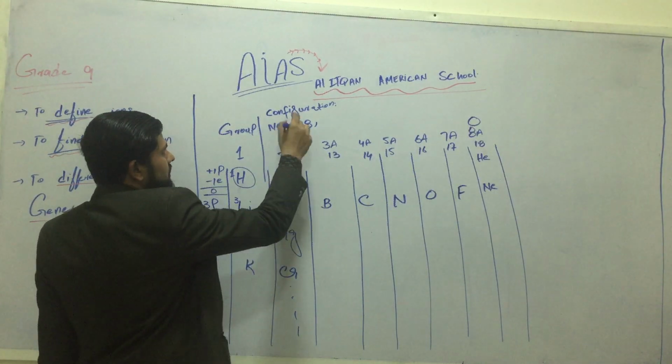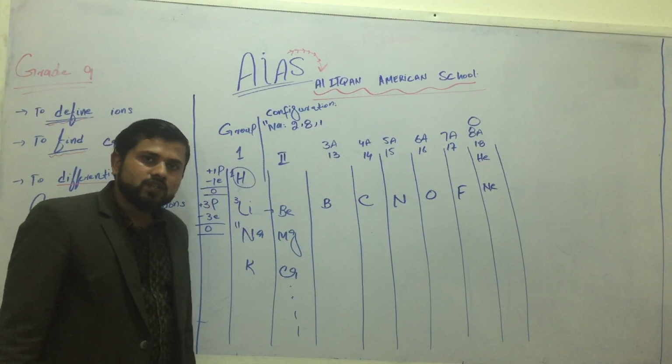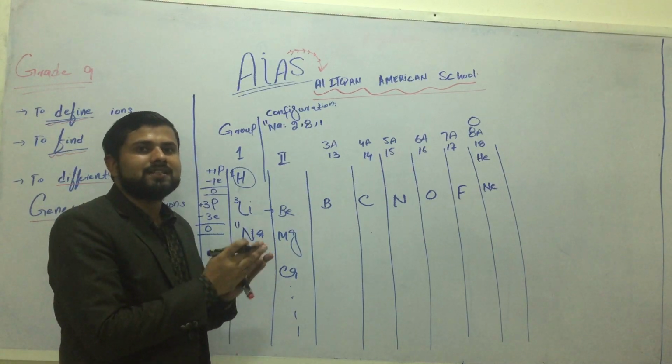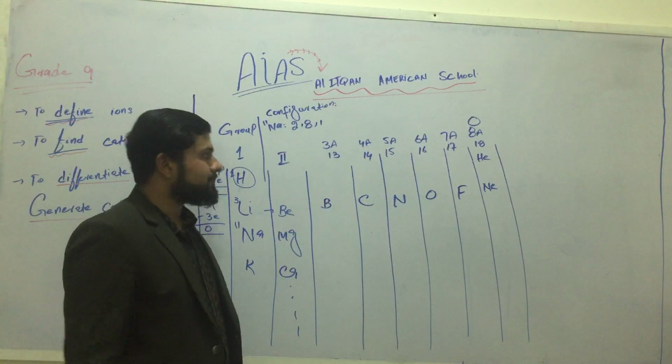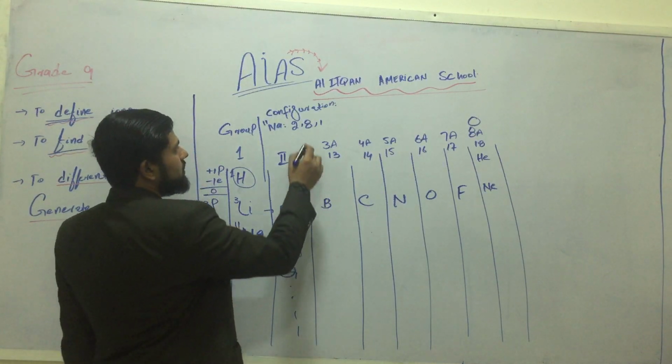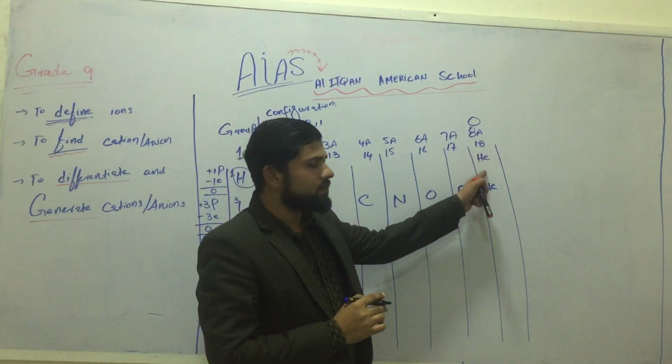How many you have in total? 11. So the last shell would be 1. In this form, sodium is not stable. Sodium is not stable. Ask me why. Yes, because this configuration is not similar like noble gases.